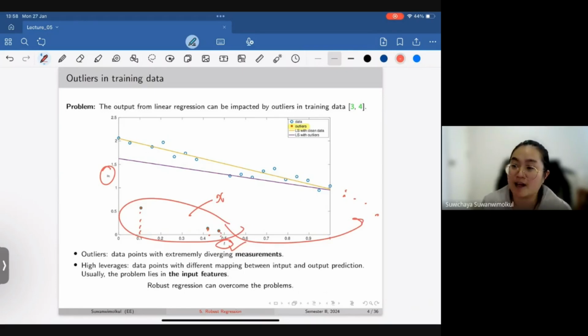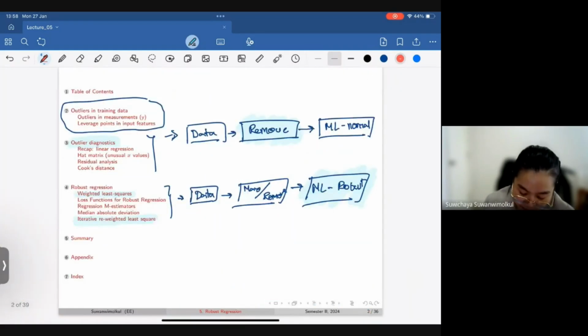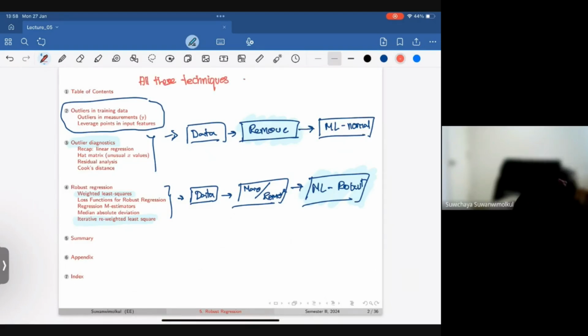But in these slides, we will be considering outliers removal in the linear regression system. Therefore, we can say that probably the mapping is not wrong, but maybe it's just the value of x and y. Another thing that I would point out here is that all these techniques are for linear regression.